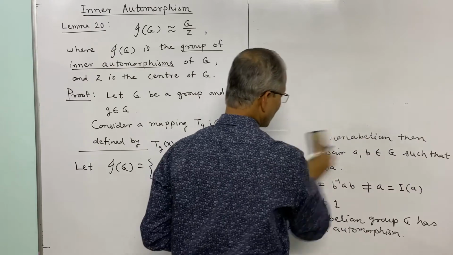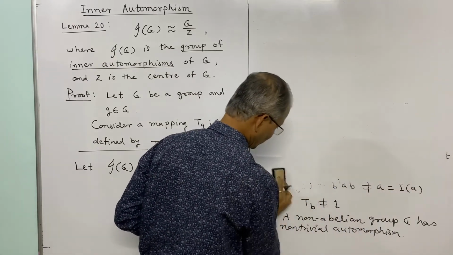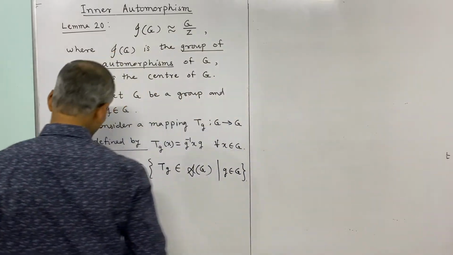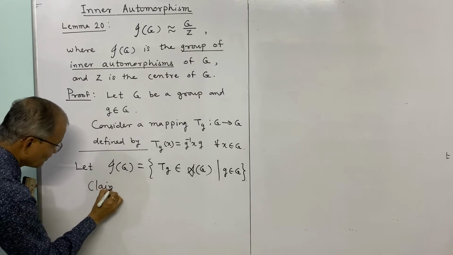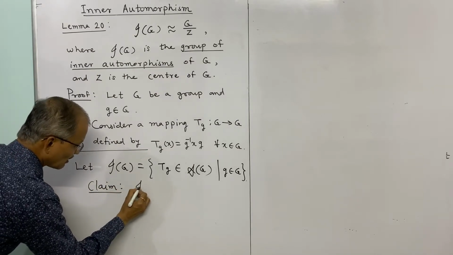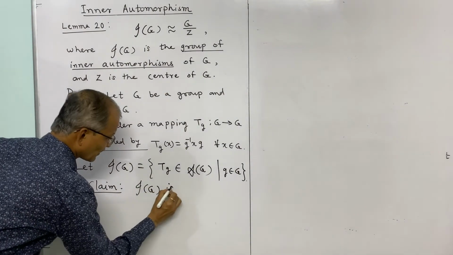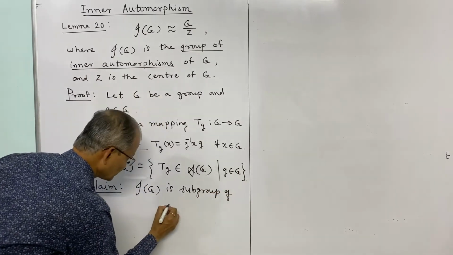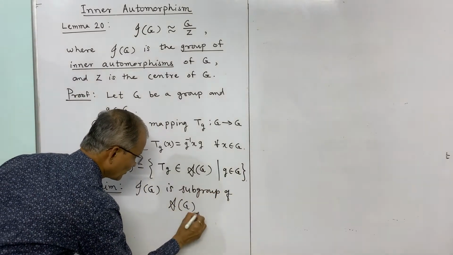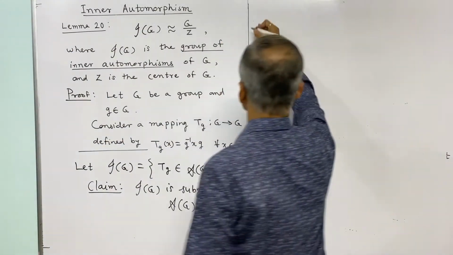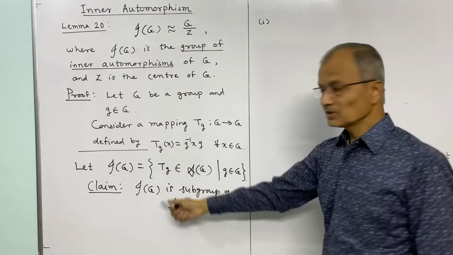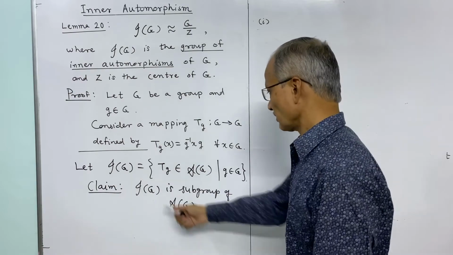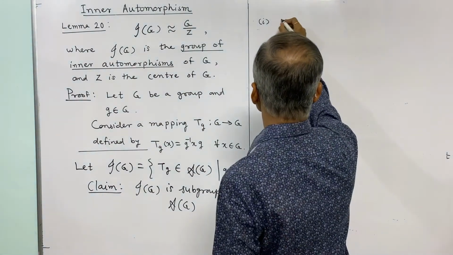Now we shall show this I of G is a subgroup of script A of G. This is our claim: I of G is a subgroup of A of G. First, it is non-empty, because it always contains the identity mapping as an automorphism.